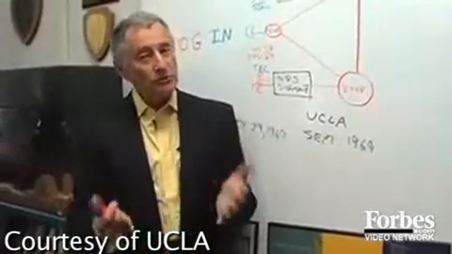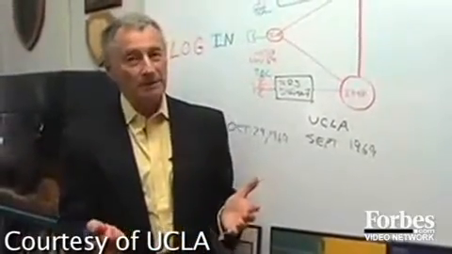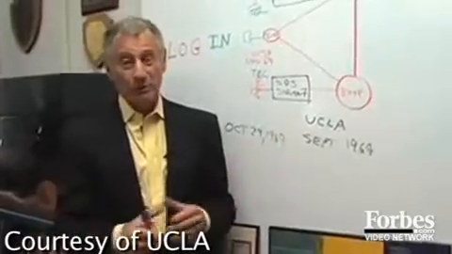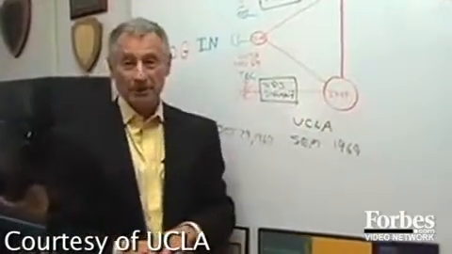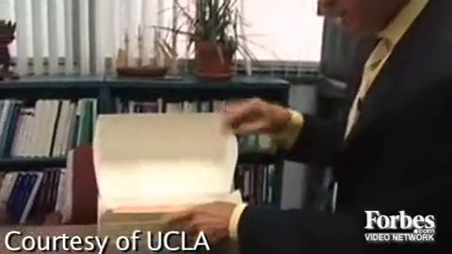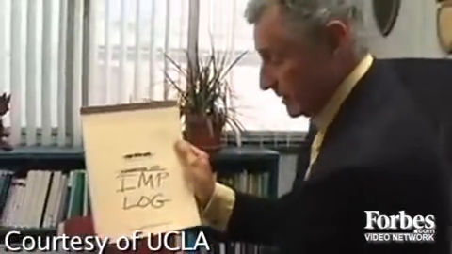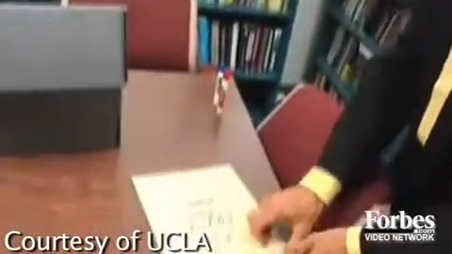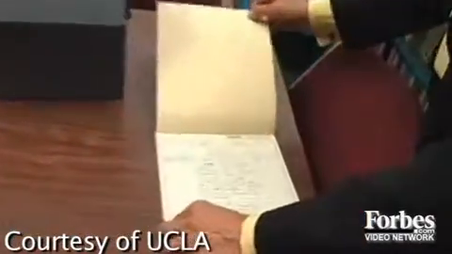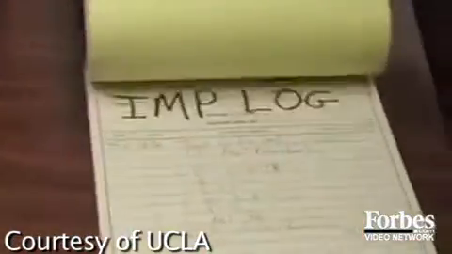We do have a written record of it in a log that we kept. And I'll be happy to show you that log, which records that very first message. In this box, we have probably the most precious document regarding the history of the internet. And it contains the original IMP log in which we recorded the events that took place in those early days. We started recording this in October. And we have the entries by the programmers and the software developers.